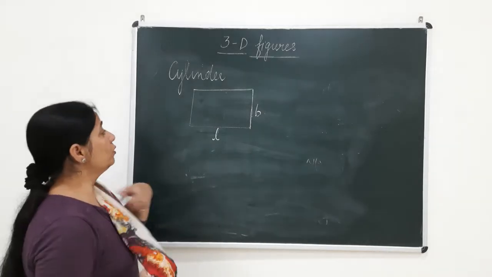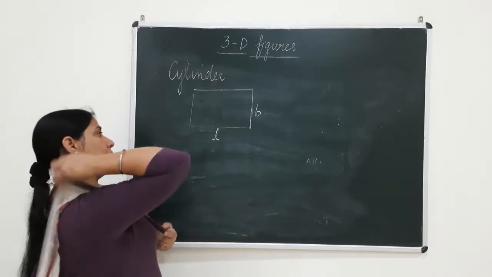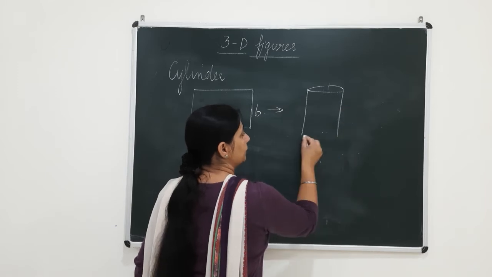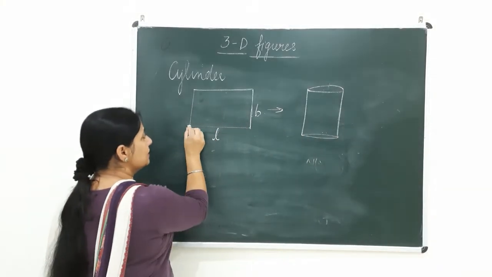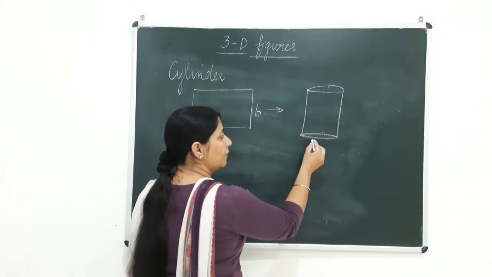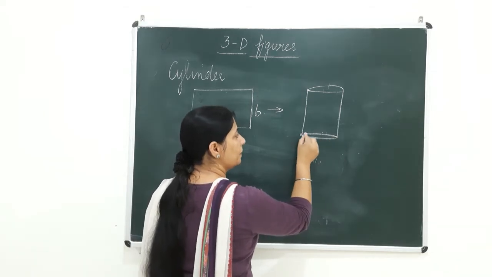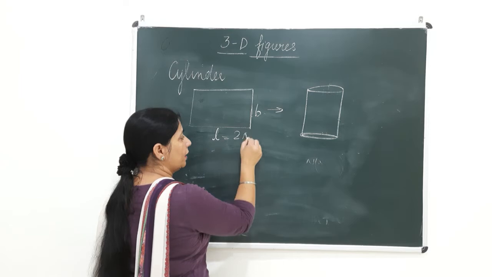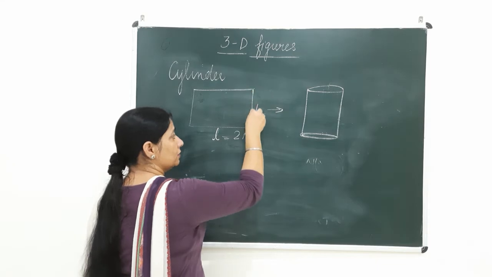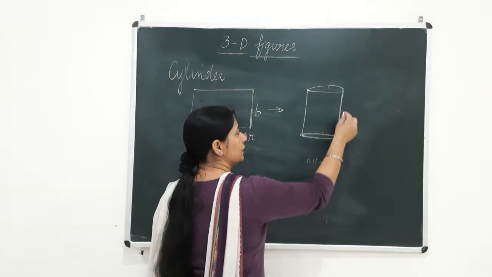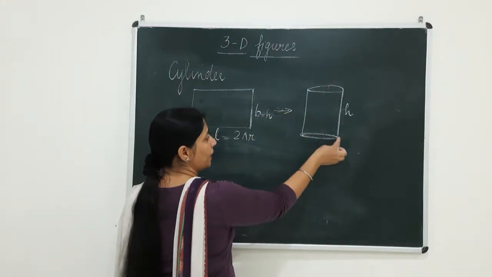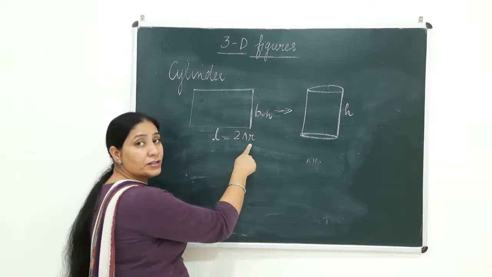Now children, when I rolled it, it took up the shape of a cylinder. See, this length became the circumference of the base. Clear? And we have already discussed that the circumference of the base is equal to 2 pi r. And this breadth became the height of the cylinder. So breadth is equal to the height of the cylinder, and the length is the circumference of the circle.